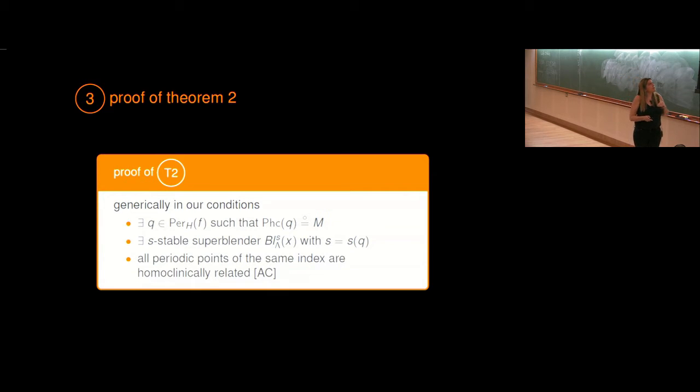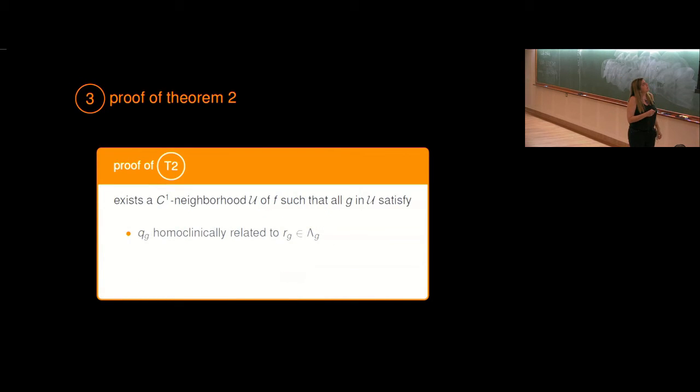And in particular, generically Q is homoclinically related to any point in the hyperbolic set. In particular, it is homoclinically related to one point in the hyperbolic set. And so this is stable under perturbations. So under perturbations, you will have this for a whole neighborhood.